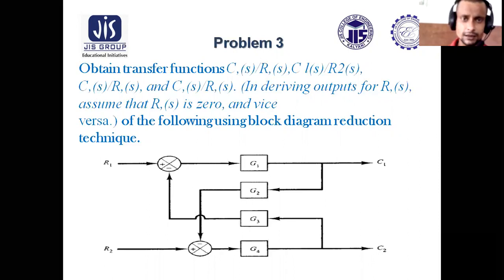So how to get C1s by R1s, C2s by R2s, C1s by R2s, C2s by R1s. These four transfer functions will be derived here.